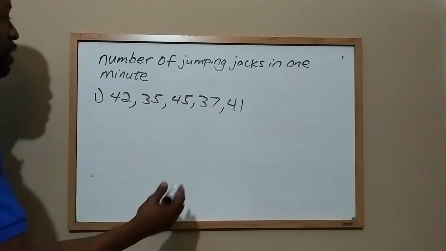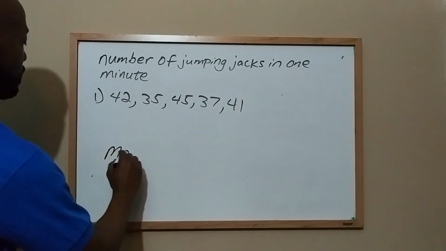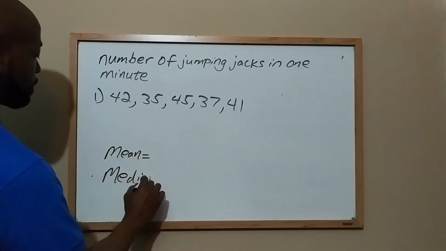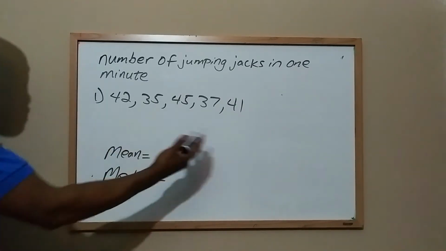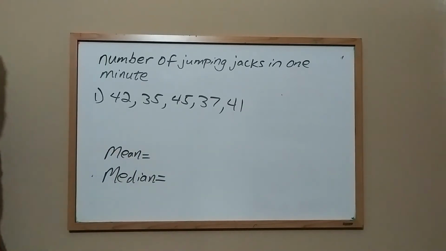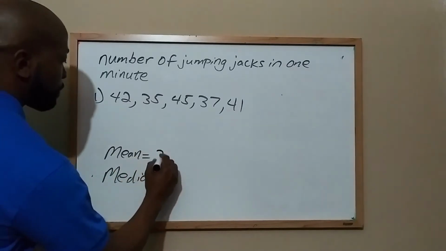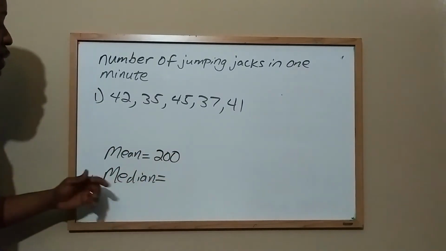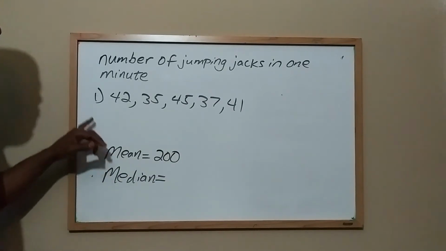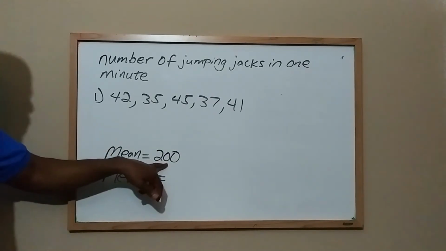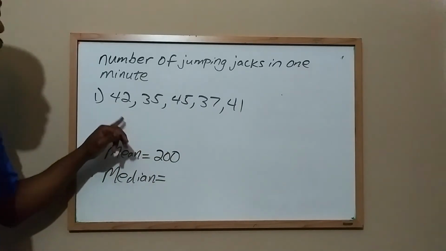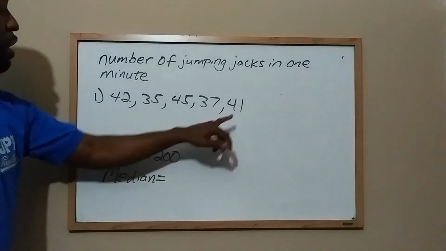So we are looking for the mean, and then we'll find the median. So the first thing we want to do is add up all the numbers. So when we add up all of the numbers, we get a total of 200. After we add the numbers, we are going to divide this total, 200, by the total amount of numbers that were in the list. 1, 2, 3, 4, 5.